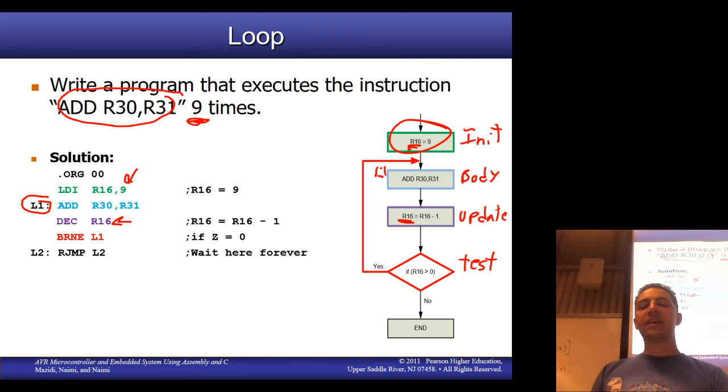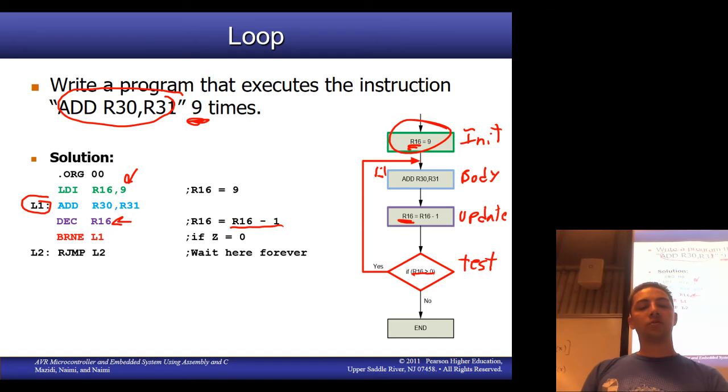Now here, my test says greater than 0. But since I'm only decrementing by 1, it's going to go 9, 8, 7, 6, 5, 4, 3, 2, 1, 0. So the first time through this loop where I won't be branching is when it's 0. Well, think about a decrement as a subtraction by 1.